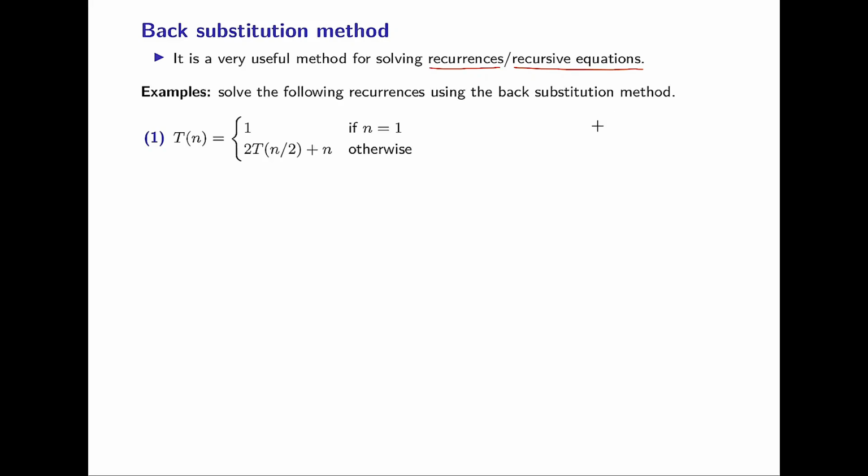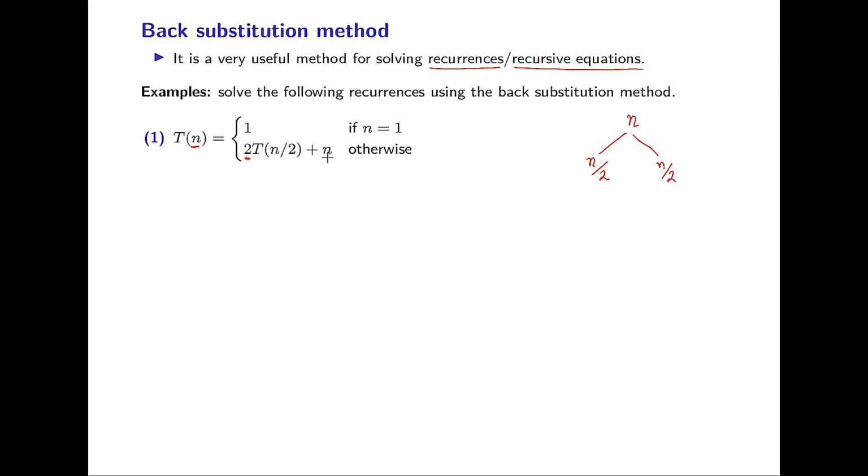But for the time being, here a problem of size n is broken down into two subproblems. Here you see 2 is there. Each of the subproblems has size n/2.